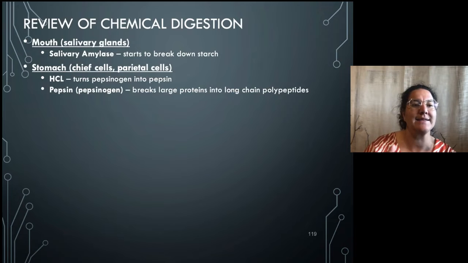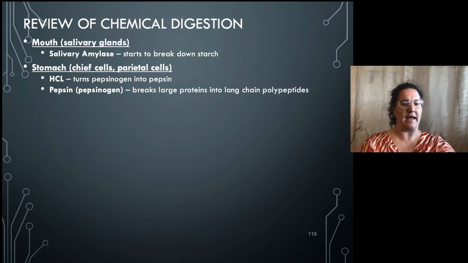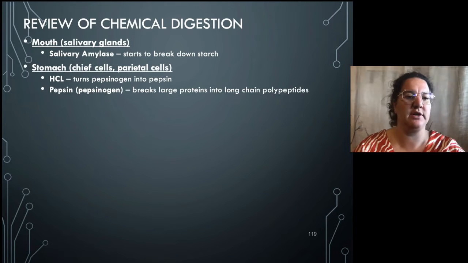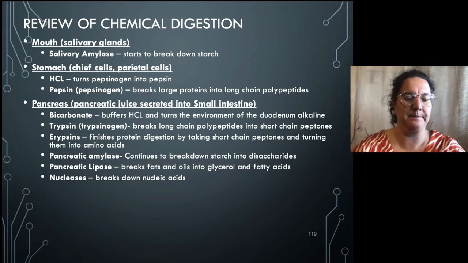So when we look at chemical digestion, it begins in the mouth with our salivary amylase, which begins to break down starch. In the stomach, we have hydrochloric acid, which activates pepsinogen to turn it into pepsin. And pepsin breaks down those large proteins into long-chain polypeptides.